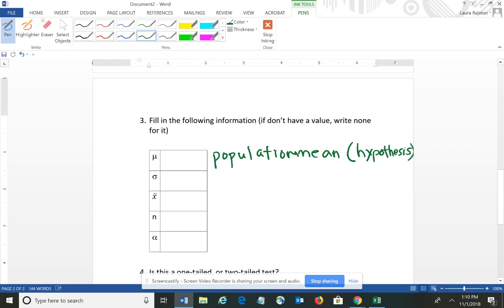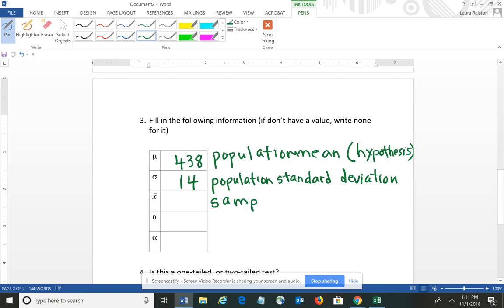So in this case, I believe that is 438. Sigma is your population standard deviation. And if we go back and look at the story again, I believe we'll see that that is 14.